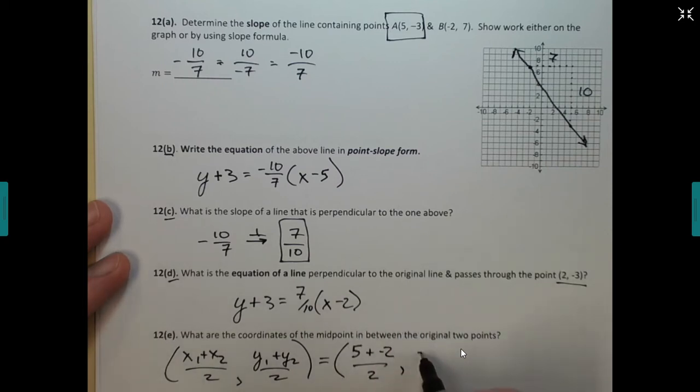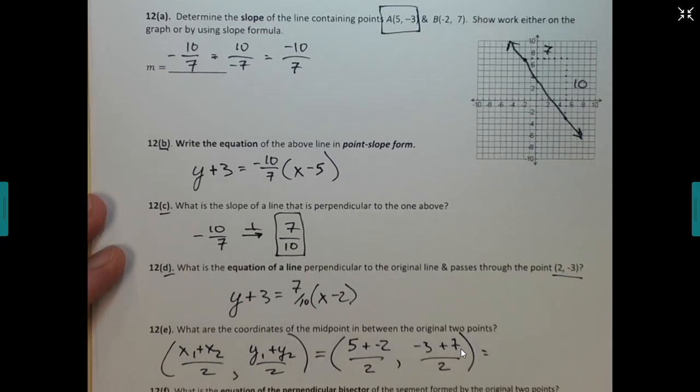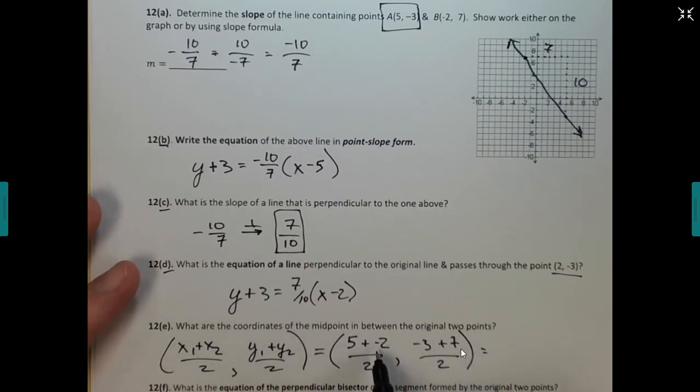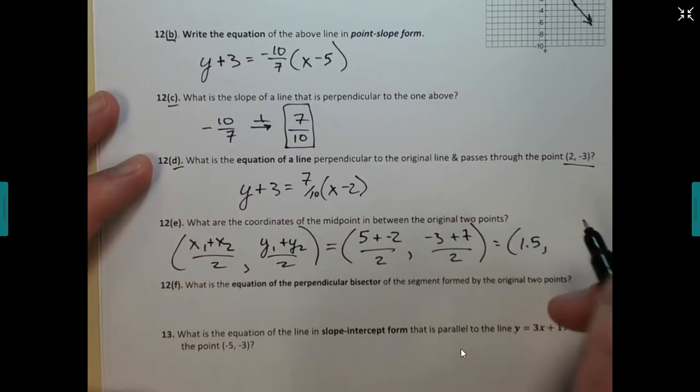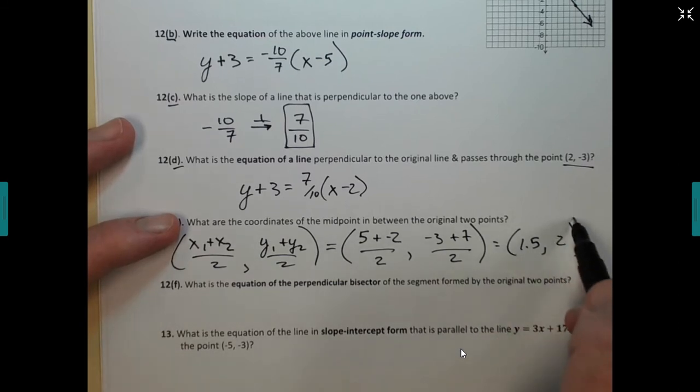And I need -3 plus 7 divided by 2. 5 plus -2 is a 3. 3 divided by 2, 1.5. -3 plus 7 is 4 divided by 2 is 2. There's my midpoint. That's going to be helpful for later.